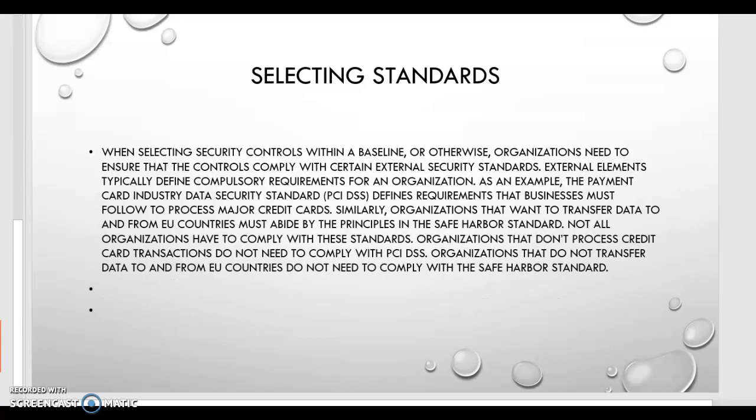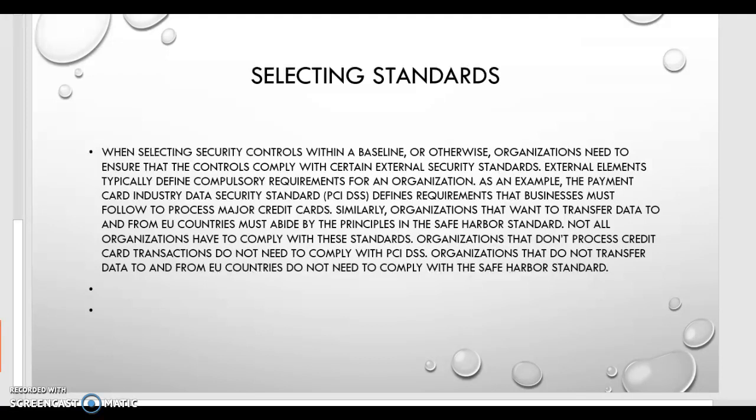Selecting standards. When selecting controls, security controls within a baseline or otherwise, an organization needs to ensure that the controls comply with certain external security standards. External elements typically define compulsory requirements for an organization.